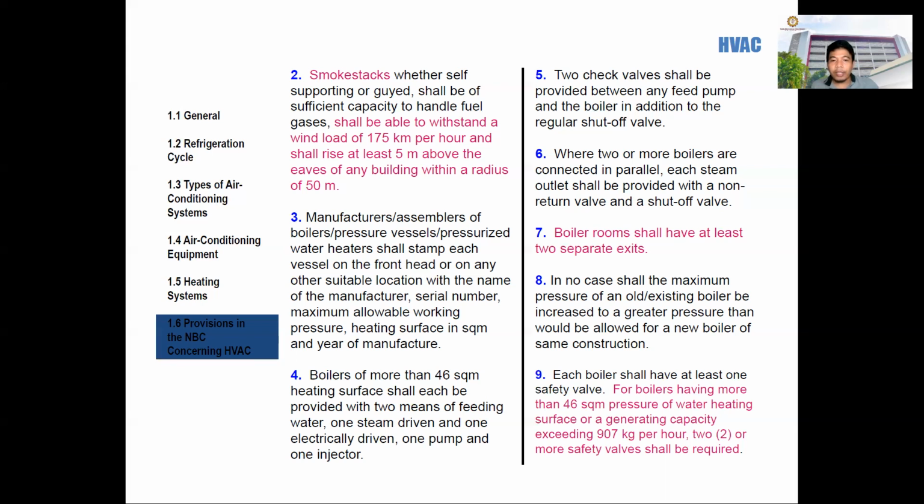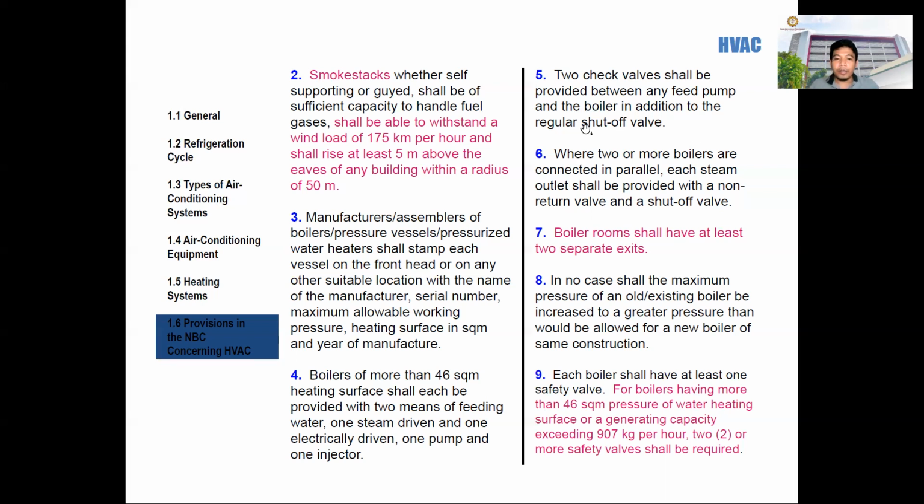And then number four, boilers of more than 46 square meters heating surface shall each be provided with two means of feeding water, one steam driven and one electrically driven, one pump and one injector. Number five, two check valves shall be provided between any feed pumps and the boiler in addition to the regular shut-off valve.